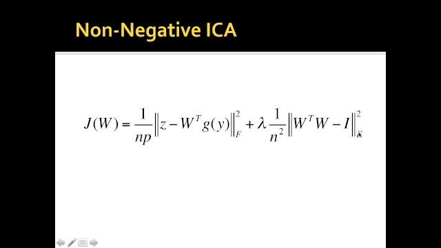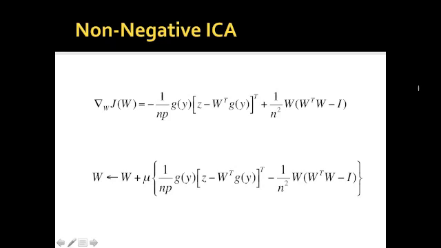If we include the orthogonality part too, we get the cost function like this. When we take the gradient of it, we get the update algorithm: minimizing the distance between the estimates and the new incoming data and the non-negative estimates, and this part accounts for the orthogonality part.